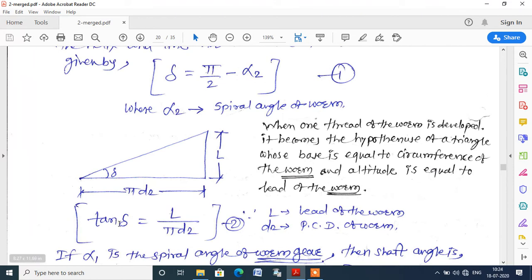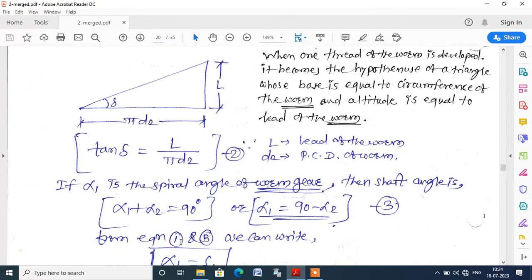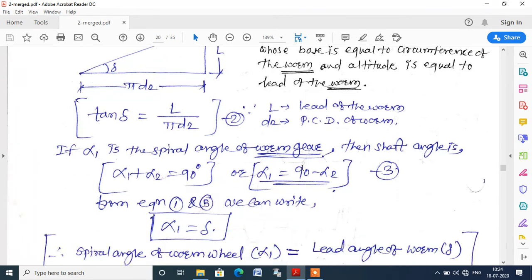Therefore, tan delta equal to L upon pi d2. Understood? L is the lead of the worm and d2 is the pitch circle diameter of the worm.